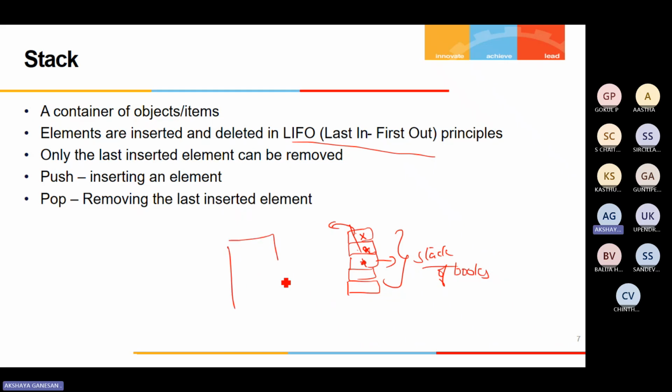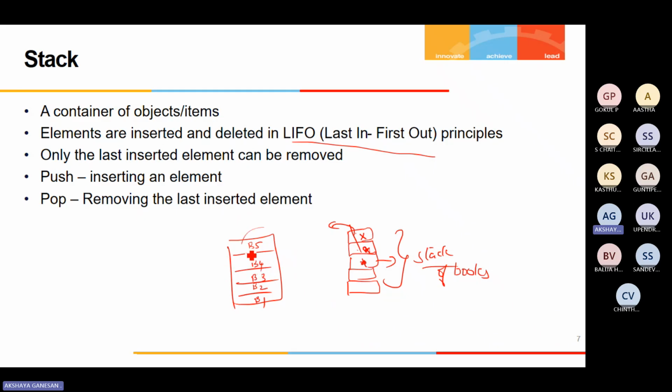Okay. Now, say I have this, say this is book 5, book 4, book 3, book 2, book 1, right? If I want to take the third book, I have to remove 5 and 4, right? The last inserted element first. So the last in first out is the principle which is used.